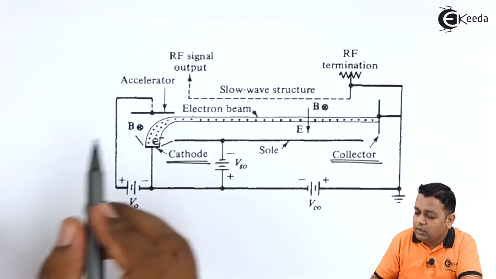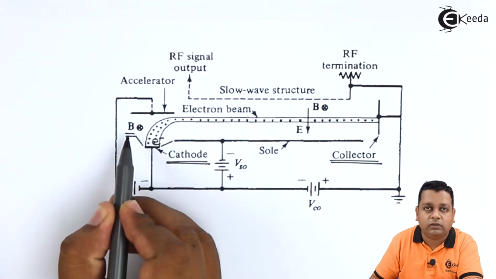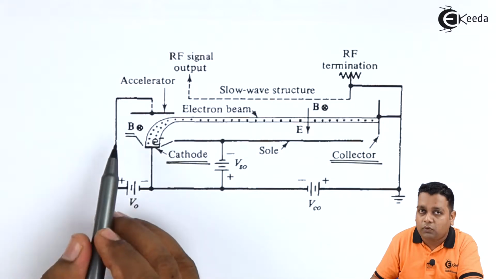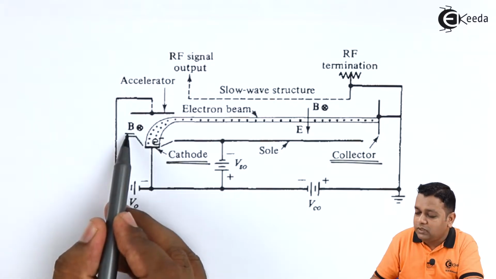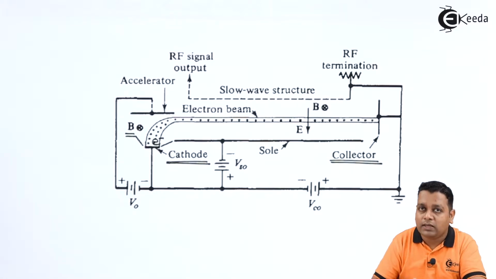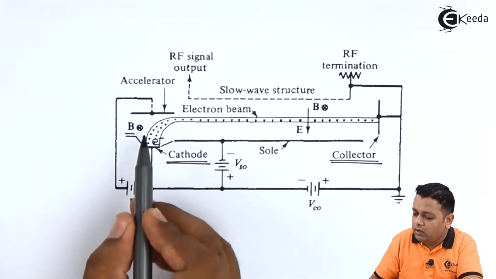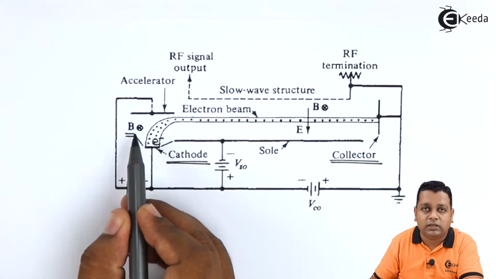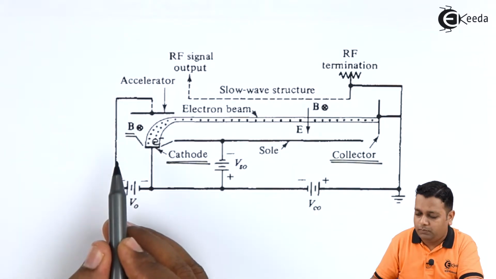But now there is the presence of a magnetic field, denoted here by capital B, the magnetic flux density. As it has a cross orientation, that means it is perpendicular to the electric field inside the device, we have made a cross sign here, that is into the plane of the paper.